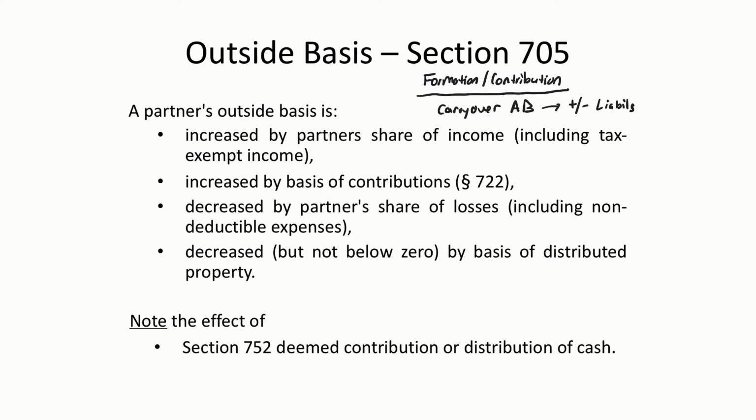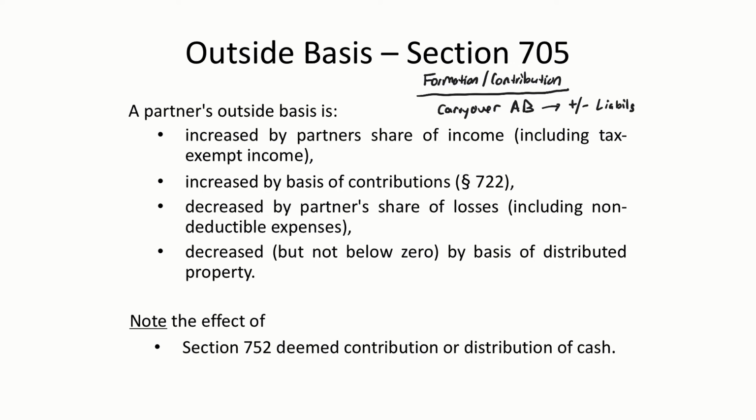Now, every year as you go, your adjusted basis needs to be adjusted up and down by different things. And the reason for this is because if we don't do this, then you would get hit with double taxation when you sell your interest. This is how we make sure that single level taxation stays intact and you don't get hit with double tax like a C corporation.